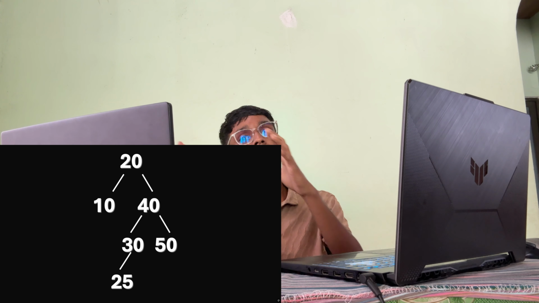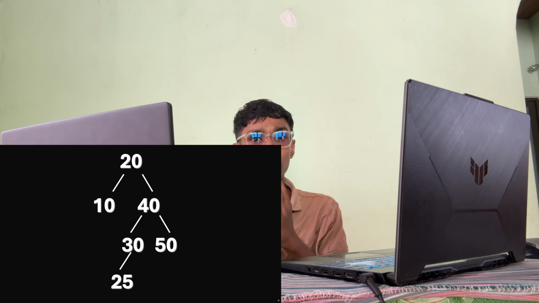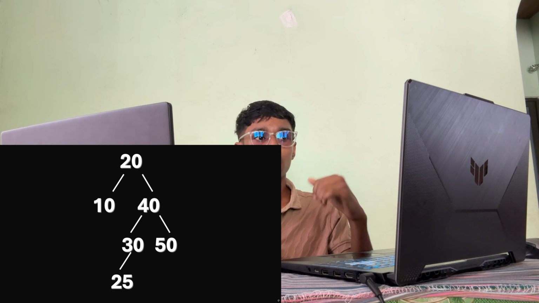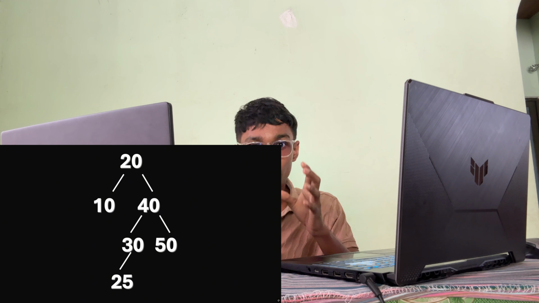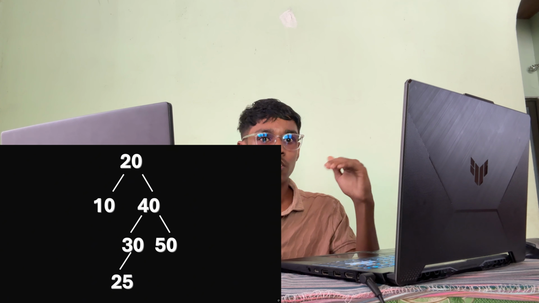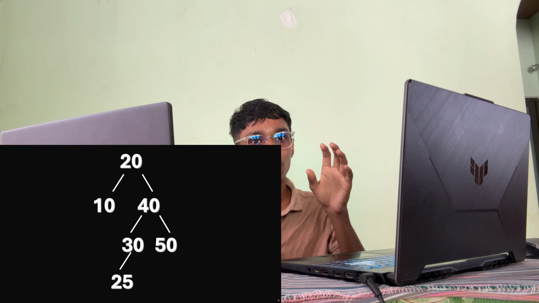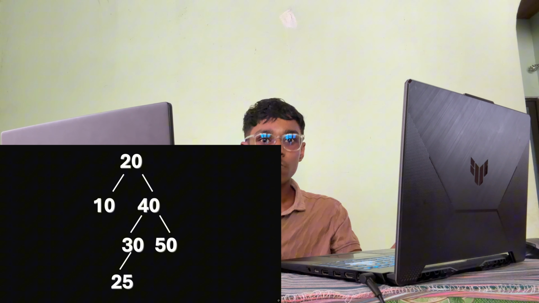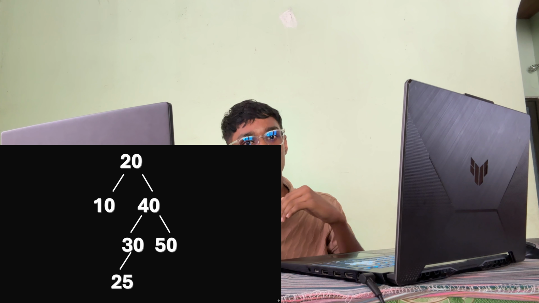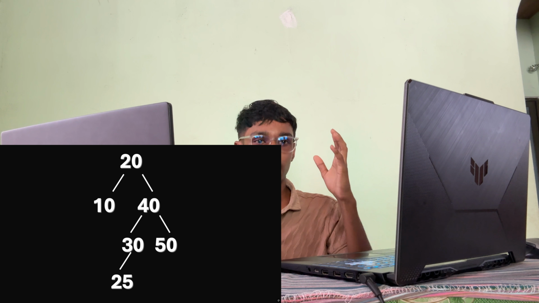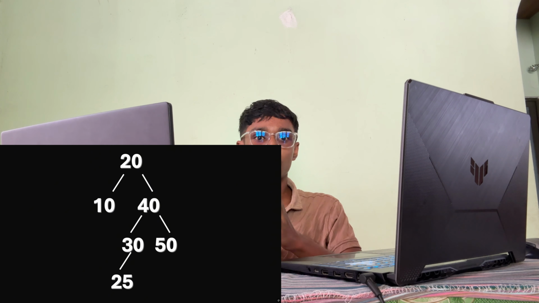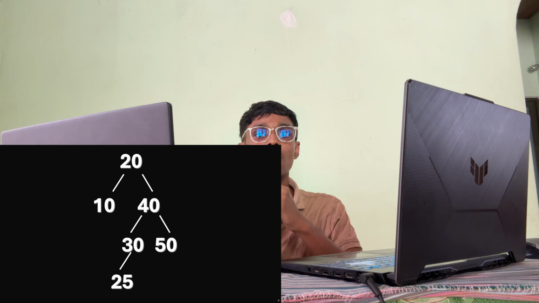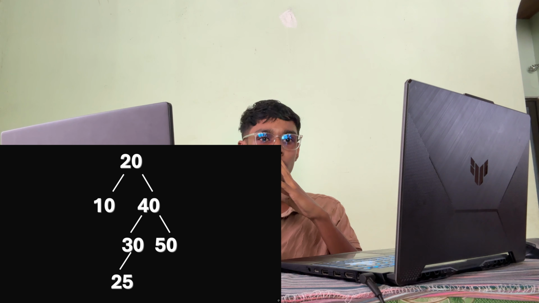This is the main point you want to learn: the higher values go to the right side, and the smaller values, like 10, go to the left side. So this is the small example in this AVL tree. I hope you understand this example.